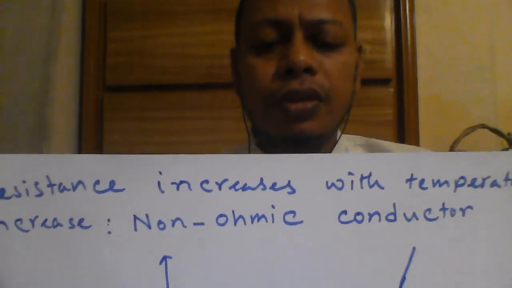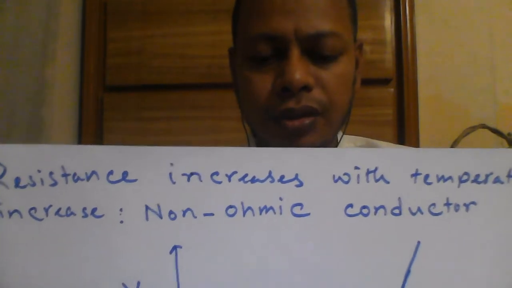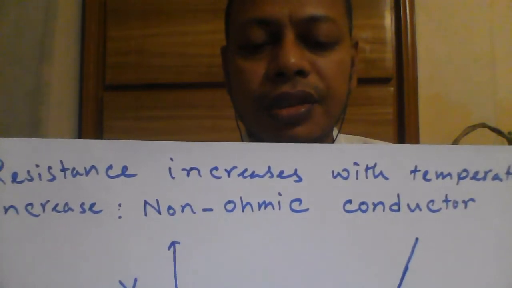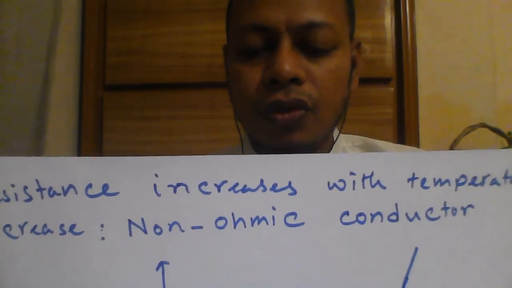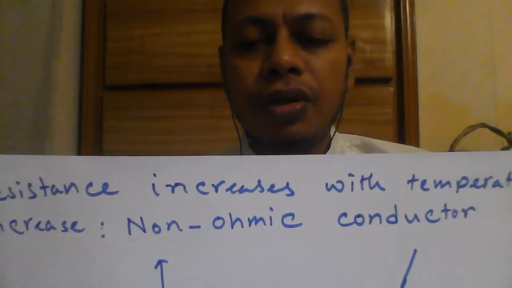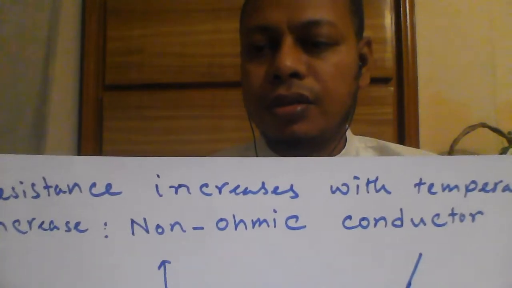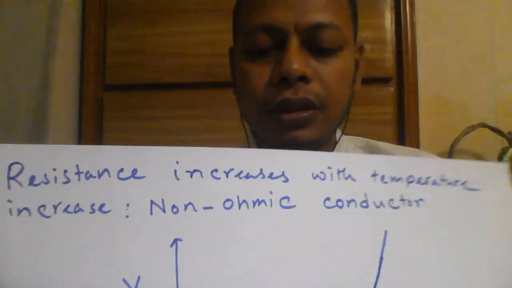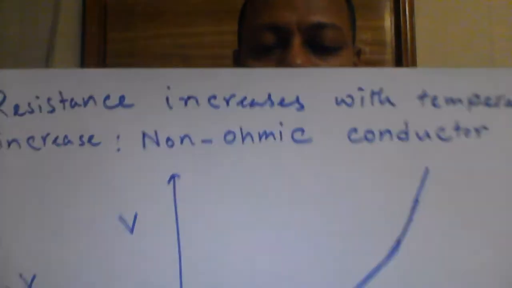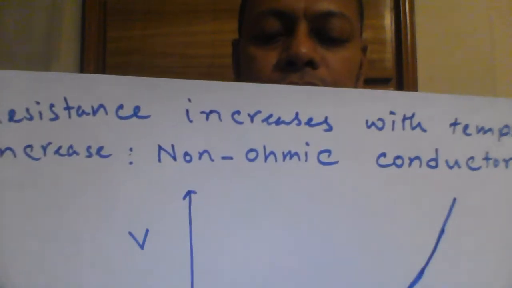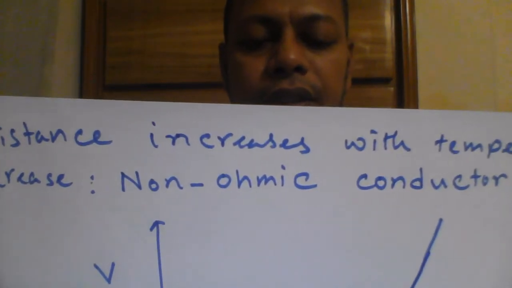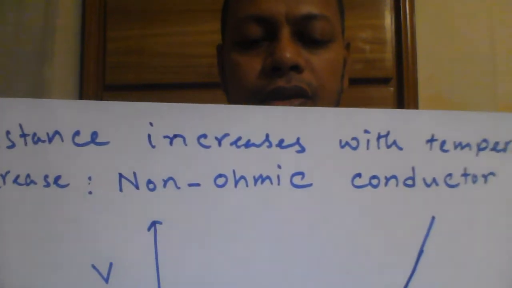So the conductor or the device which does not follow Ohm's law, that is called a non-ohmic conductor. So the filament lamp does not follow Ohm's law completely, that's why it is called a non-ohmic conductor.